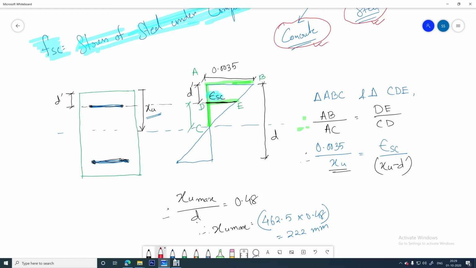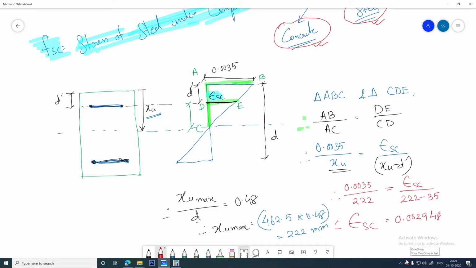So you can write that 0.0035 by XU, that means 222, equals epsilon SC by 222 minus 35, as the D dash is 35. Now you can easily determine the value of epsilon SC, and that is basically 0.002948.